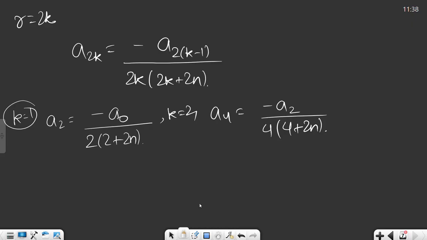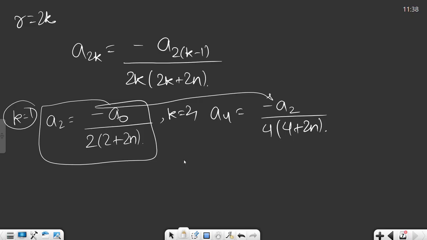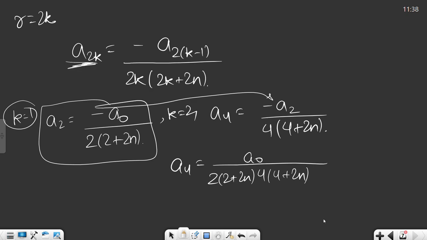So when you plug this thing here, you are going to have a sub 4 equals a naught over 2 times 2 plus 2n, 4 times 4 plus 2n. And when you talk about the general term, that keeps going up to n plus 1 terms.